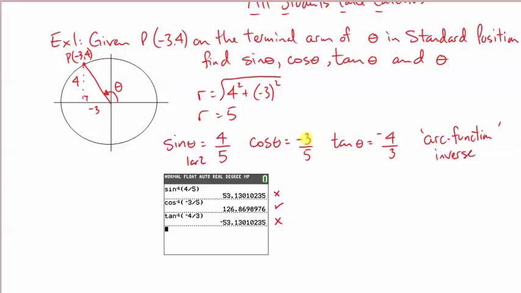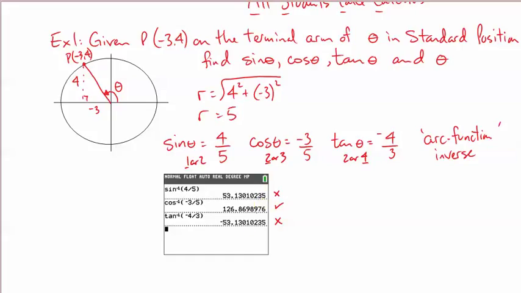A cosine that's negative can occur in quadrant 2 or 3, and a tangent that's negative could occur in quadrant 2 or 4. Your calculator is going to give the very smallest number that it can as a result, and thus for the sine it gives a quadrant 1 answer, for cos it gives the quadrant 2 answer, and for tangent it gives the negative quadrant 4 answer.